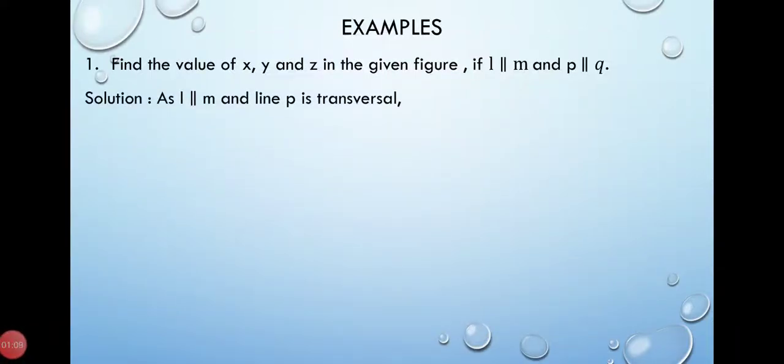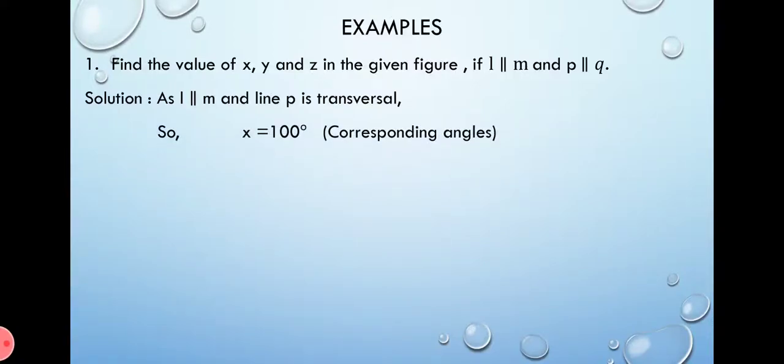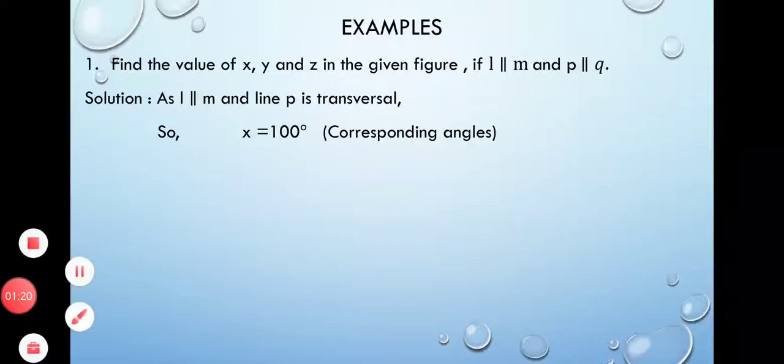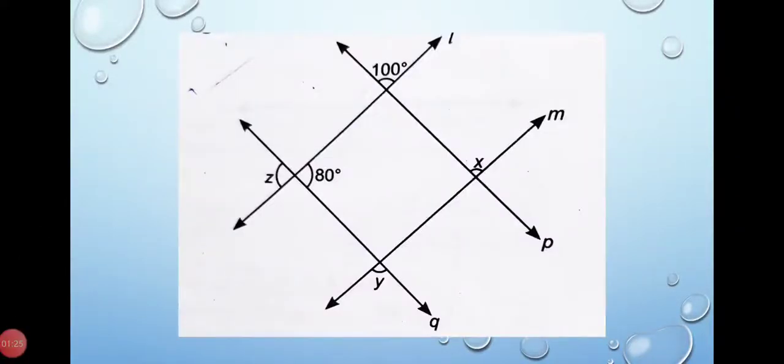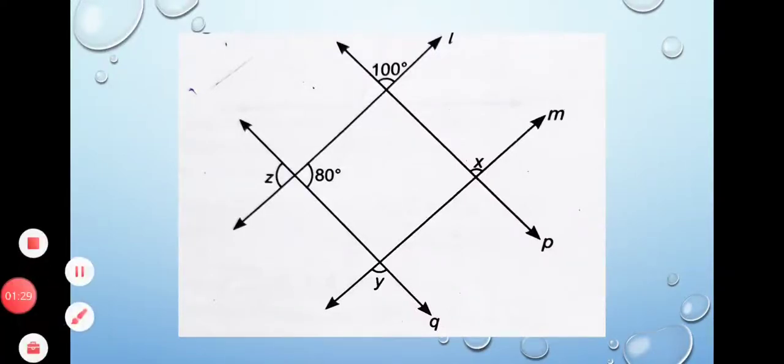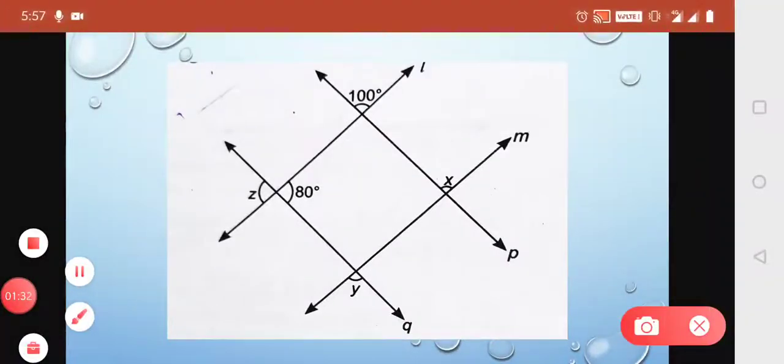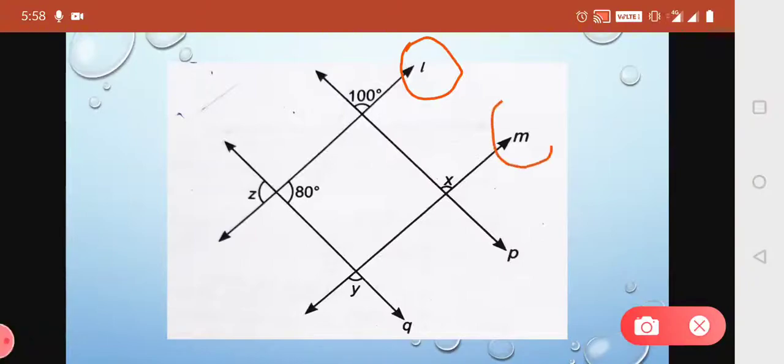Solution. As L is parallel to M and line P is transversal, so X equal to 100 degree because they are corresponding angles. We can see in the figure that we have taken line L parallel to line M and line P is transversal.